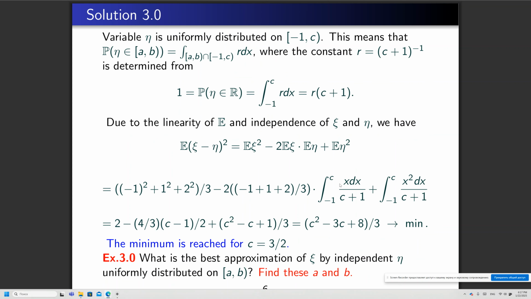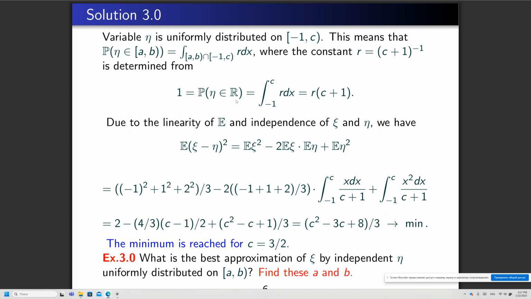Solution of this example. Variable eta is uniformly distributed over the interval -1 C. This means that the probability eta belongs to interval AB is just the integral of the constant R over the interval AB intersected with -1 C, because it is located only in the interval -1 C. The constant R can be determined from this identity.